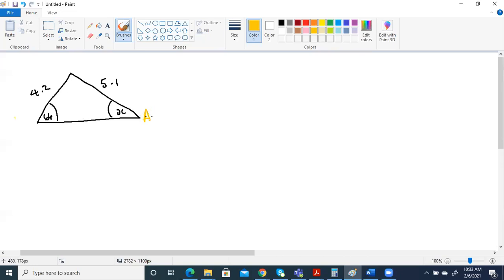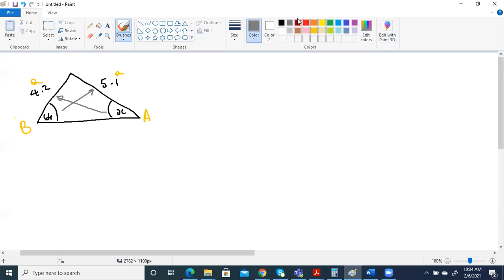So I can call this angle A. That means the opposite side would be small a. If I call this angle B, this opposite side over here would be small b. Let me just put the arrows in. That's the opposite side, and that's the opposite side right there.